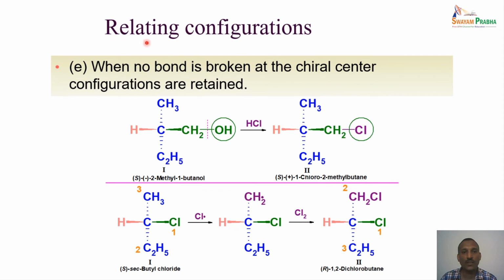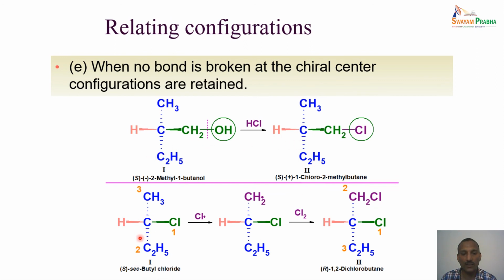Then the last one is relating configurations, because when there is no bond that is broken at the chiral center, configurations are retained. This we already know. We have both the examples shown here. Here the hydroxyl is converted to chloride, no bond breaking, so the configuration is retained.